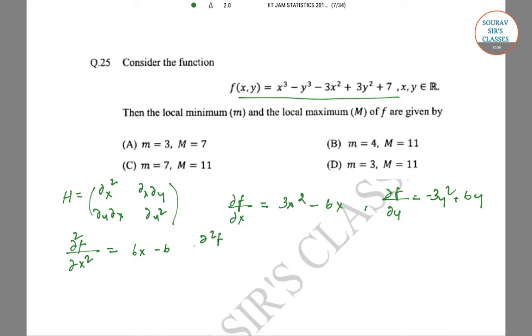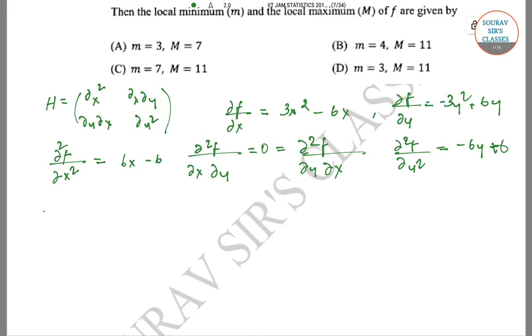Dou square f dou x dou y is equal to 0, which is equal to dou square f dou y dou x, and dou square f dou y square is equal to minus 6y plus 6 by differentiating dou f dou y with respect to y.